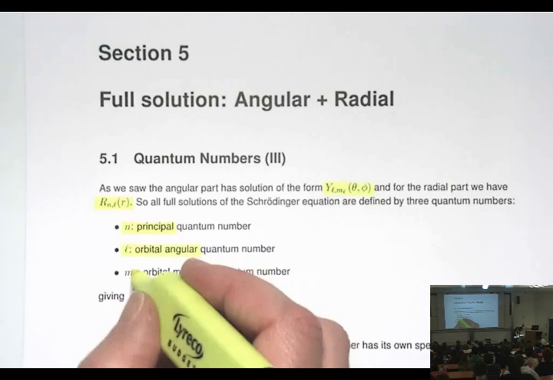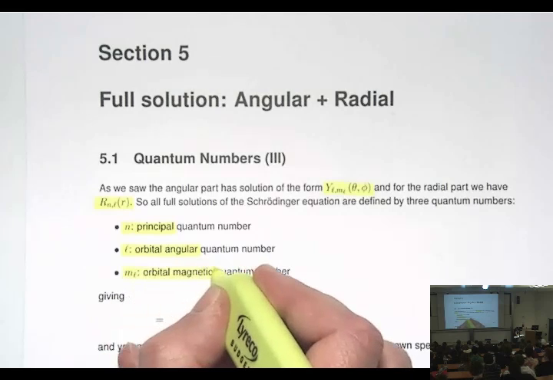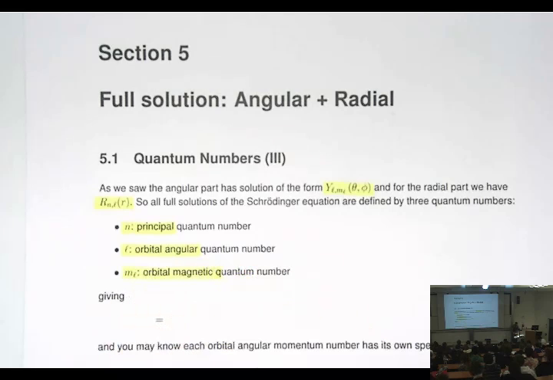And m sub L we're going to call the orbital magnetic quantum number. So in section B, after this, we'll be playing with L and m sub L a lot. And you'll see why we're going to call these orbital angular and orbital magnetic quantum numbers.